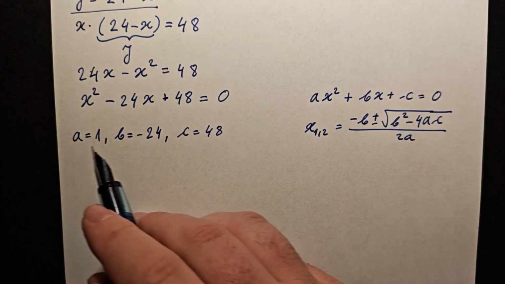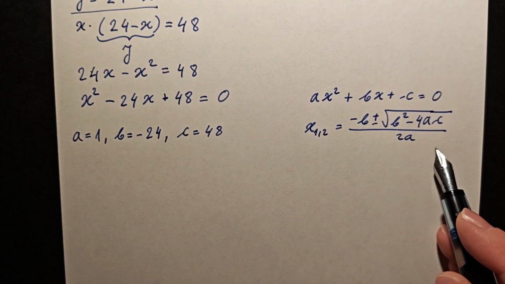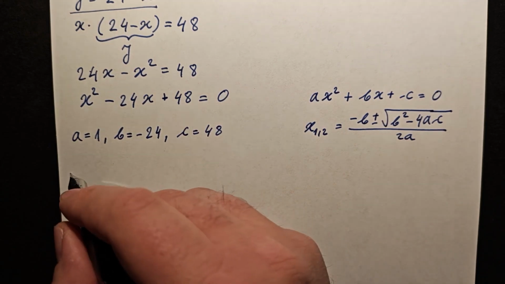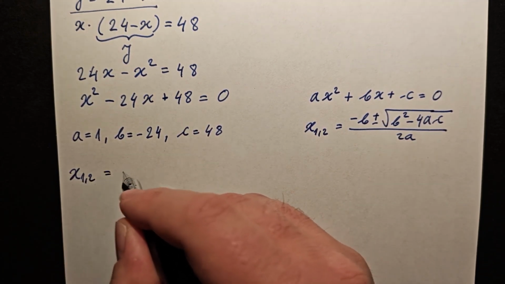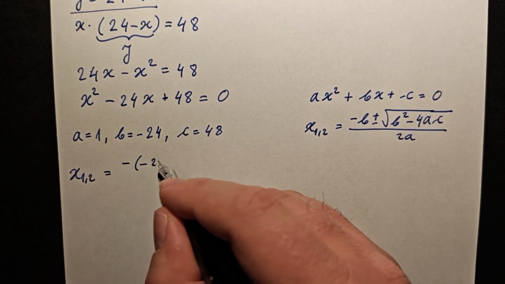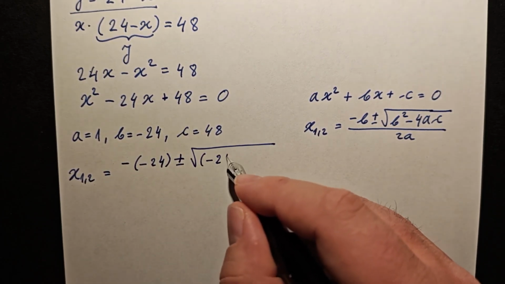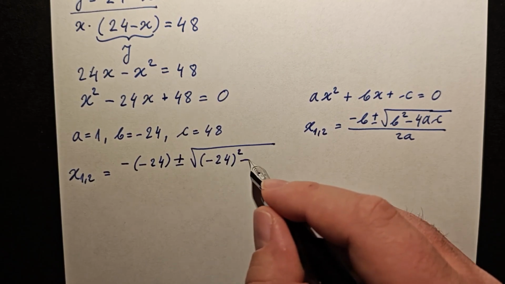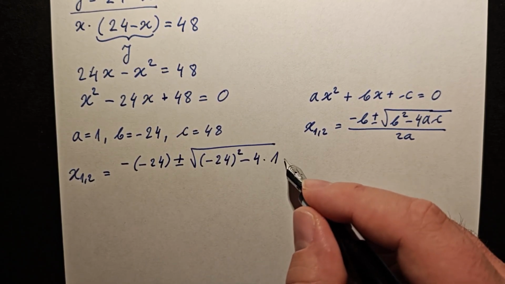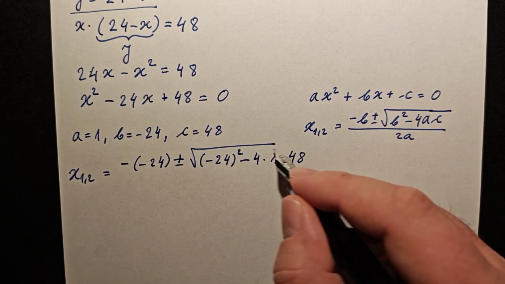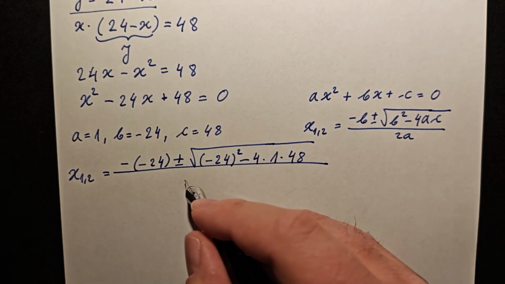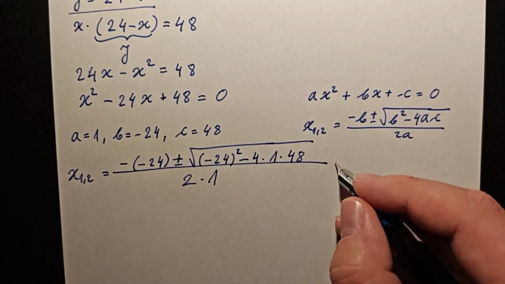We are going to plug these results into the quadratic formula, and then we get that x1 or 2 is equal to negative negative 24 plus or minus the square root of negative 24 squared minus 4 multiplied by 1 multiplied by 48, divided by 2 multiplied by 1.